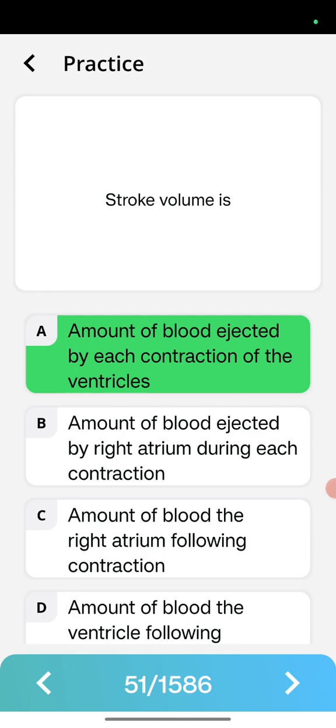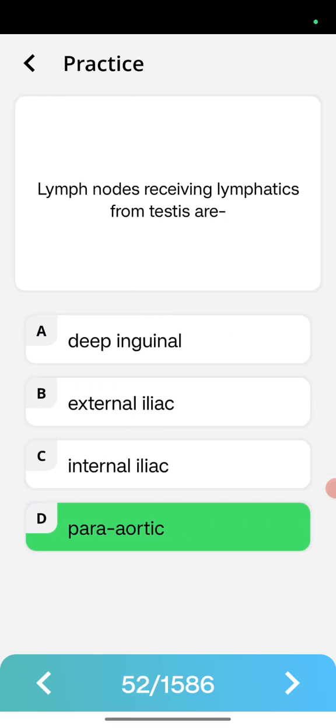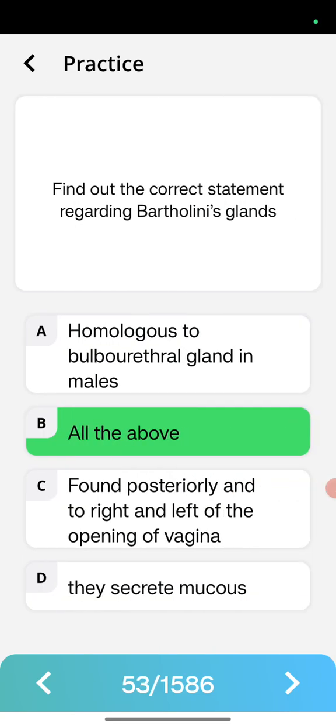Stroke volume is the amount of blood ejected by each contraction of the ventricles. Lymph nodes receiving lymphatics from the testes are para-aortic.